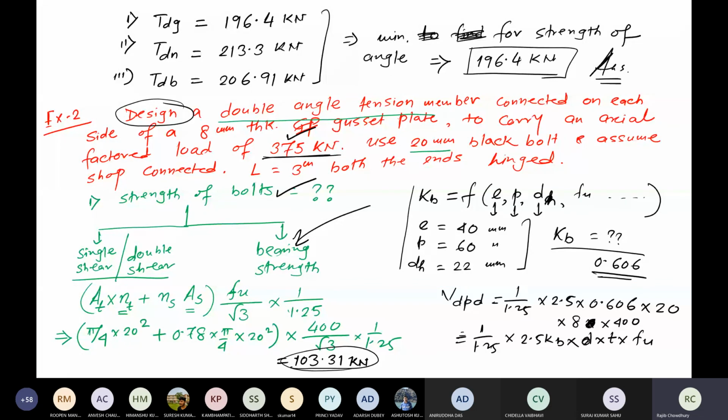Now you have to place those bolts on the bolted connection with the gusset plate.